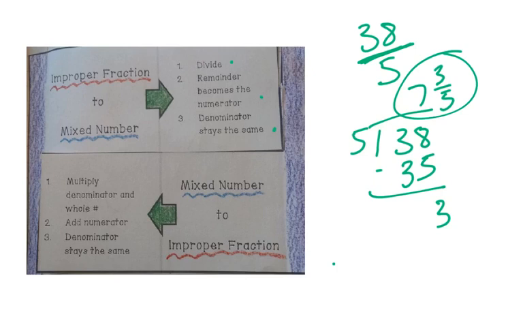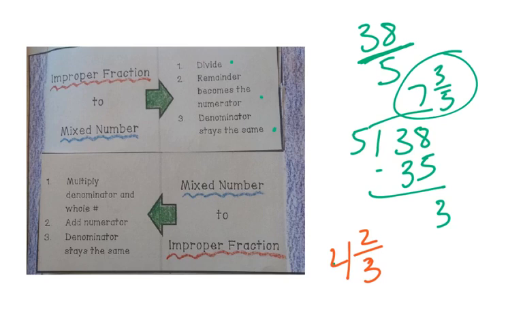The next one is if you have a mixed number, how to turn that into an improper fraction. If I have 4 2/3 and I need to turn that into an improper fraction, I'm going to take my denominator and multiply that by my whole number, and then add my numerator.